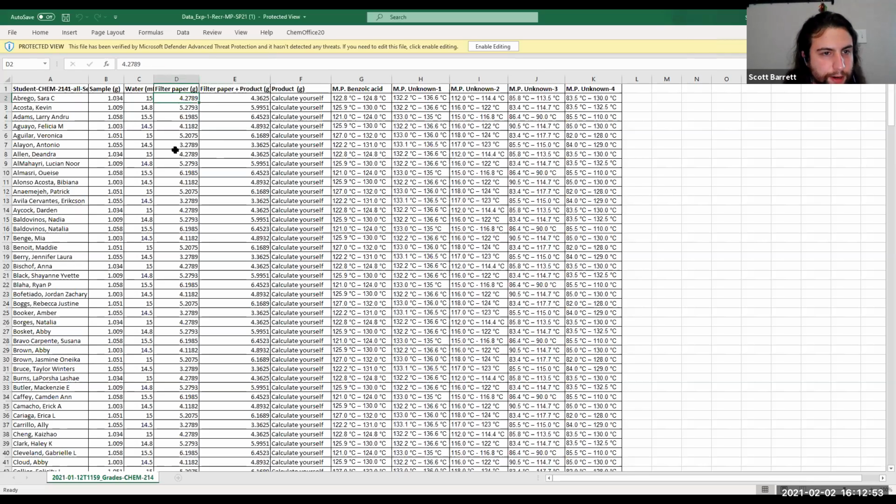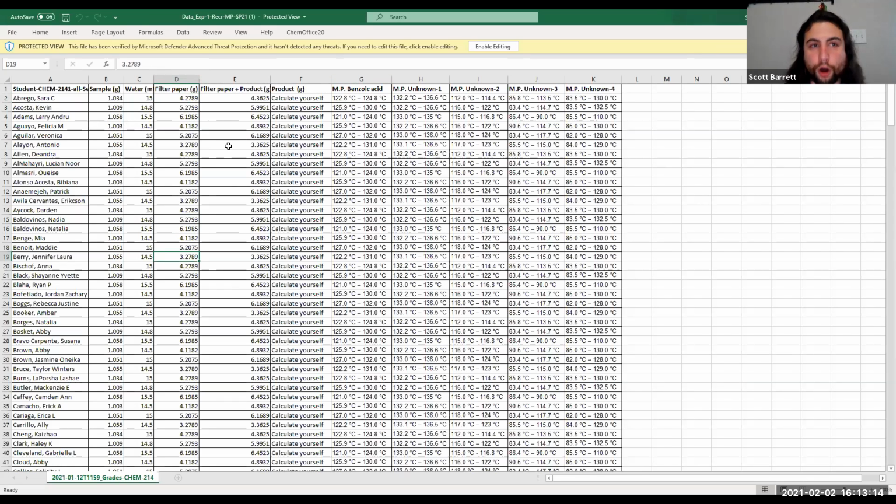Well, let's come down here, and this Jennifer, this person's is 3.2789 grams. So you see that's an entire gram of difference. That can really, really skew your data, especially for the fact that we only have a certain amount of milligrams of the pure benzoic acid that we'll be pulling out.